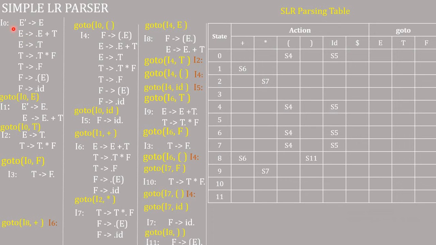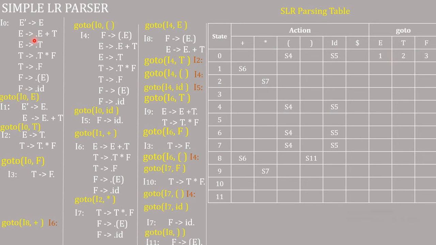Go to of I0 comma E. What is go to of I0 comma E? It is I1, right? So here you have to fill it as 1. Even if you're not clear, just look at the next two cases, then it will be very clear for you.